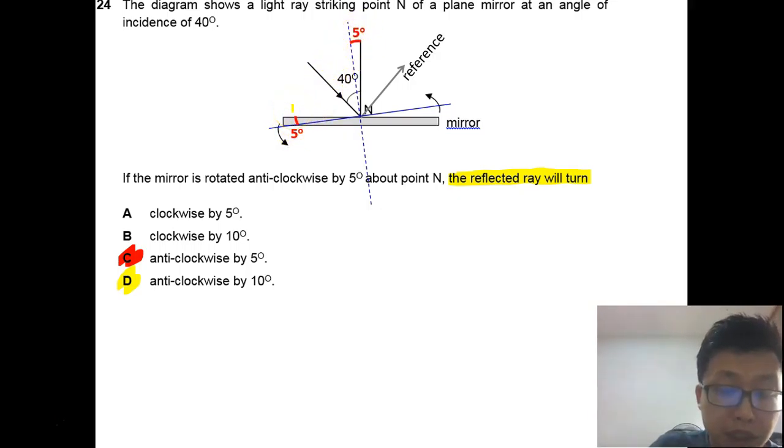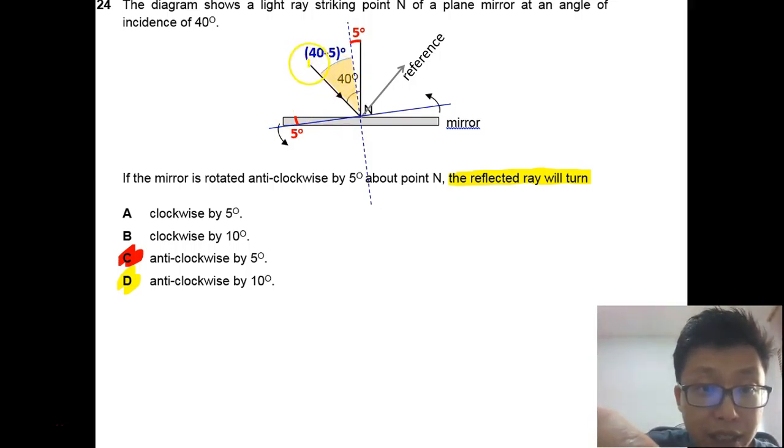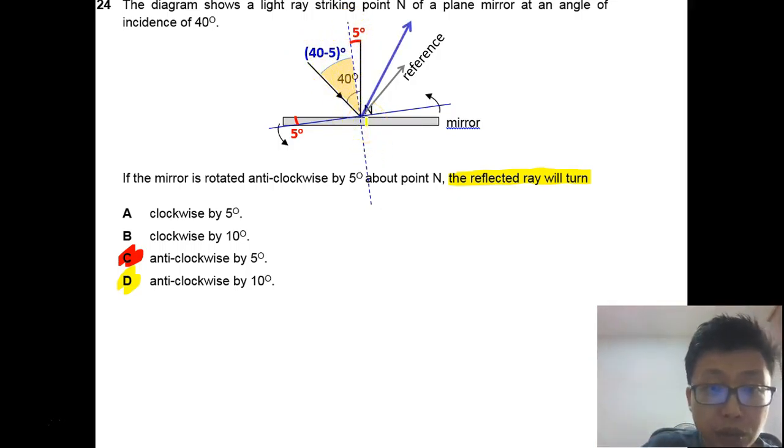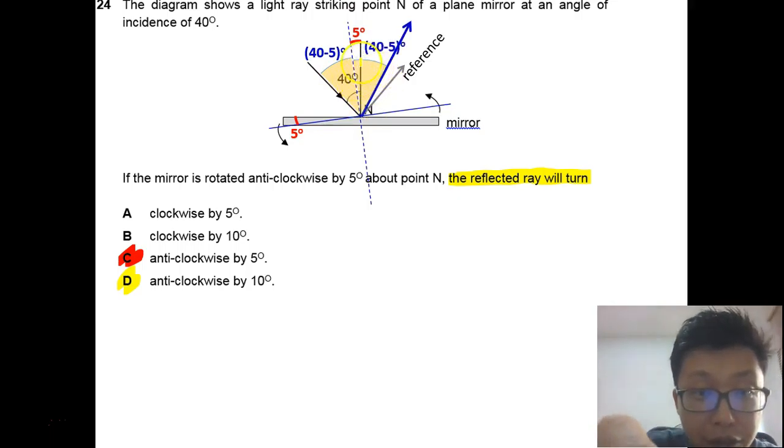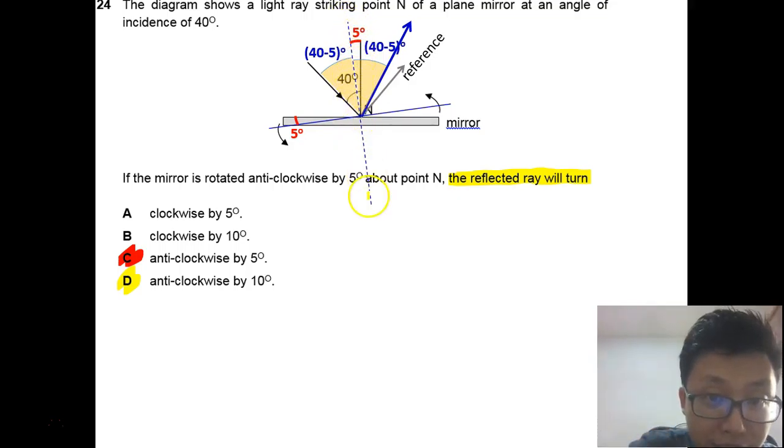Okay. Now, once it turned 5 degrees, then you should see that now the incident ray makes an angle of 35 degrees with the normal, meaning that the new reflected ray will be 35 degrees from this normal line. Okay. So I will just highlight it so that you can see.